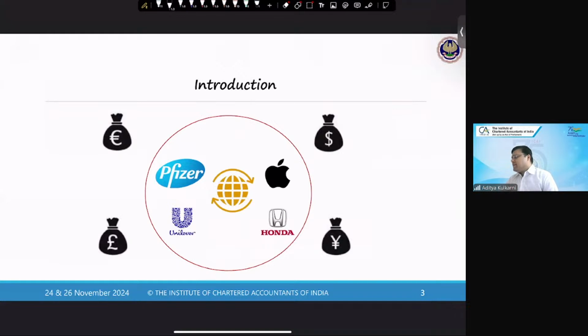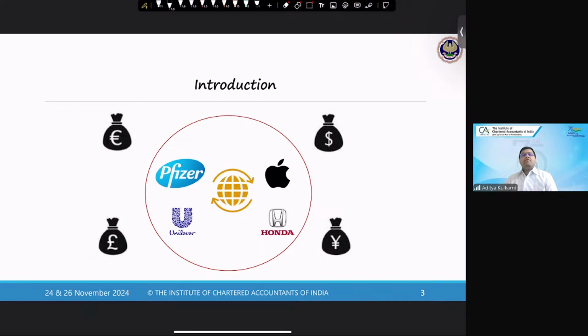So why is this standard of great importance? Why do we have this standard, which is extremely important today? Because we are all in a global environment. We have MNCs who transact not only in India but also outside India, either through branches or through foreign subsidiaries, whatever be the case of operations.